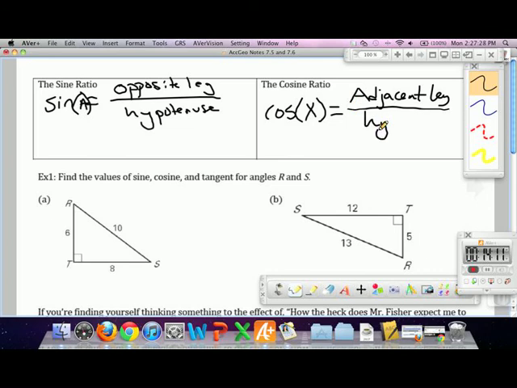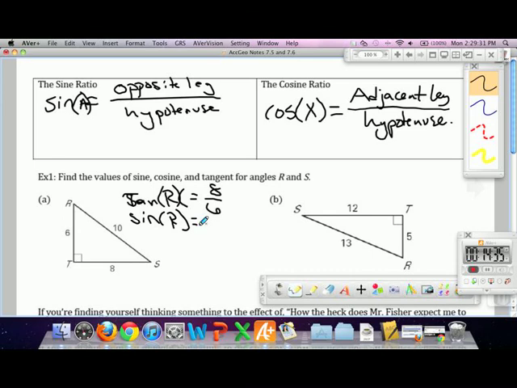Okay. So let's see. We'll go tangent of r. We said the tangent of angle r is 8 over 6. What's the sine of angle r? Opposite leg over hypotenuse.